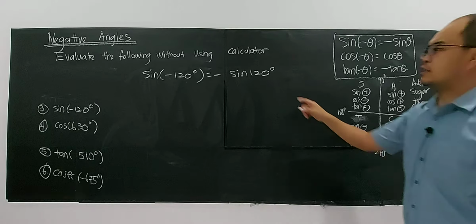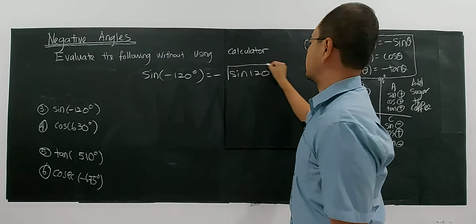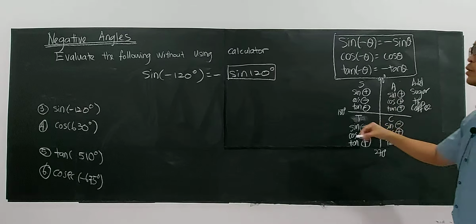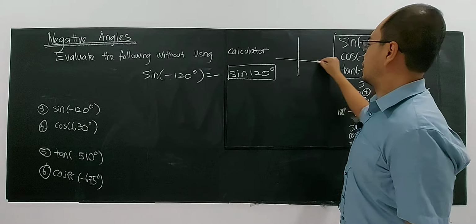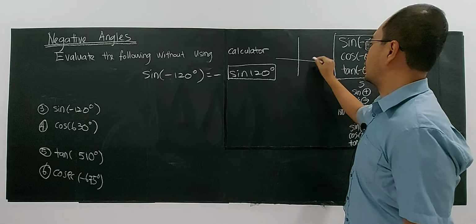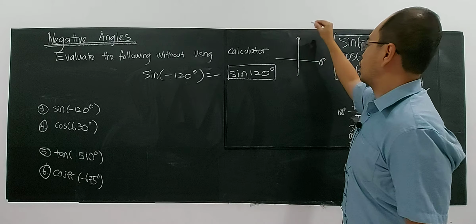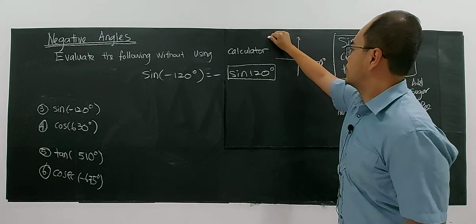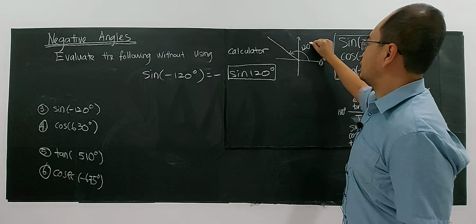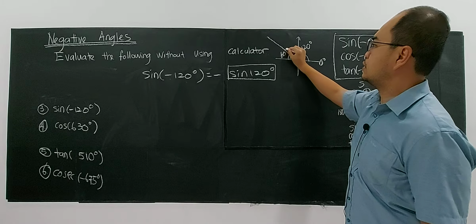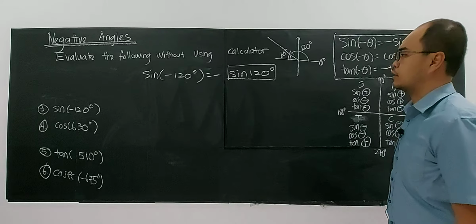Now, sine 120 is in which quadrant? As you know, a positive angle means you go counterclockwise, and you reach 180 here. So the supplementary angle here will be 60, which is knowledge from secondary school.